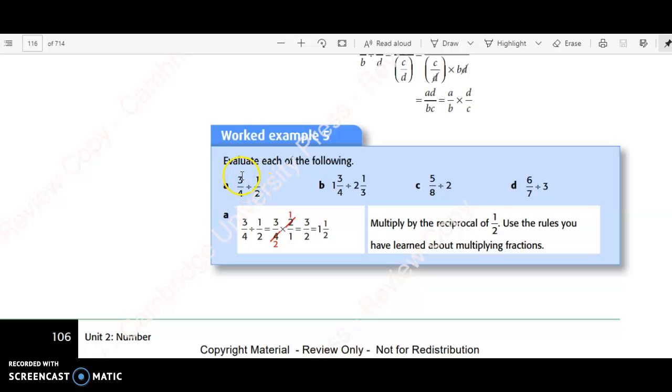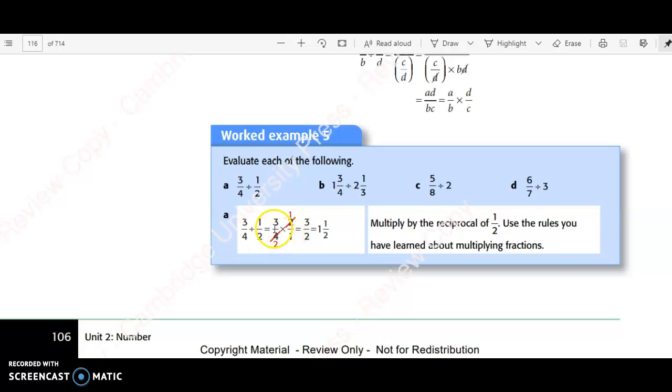Okay. Now, for example, you have 3 out of 4 divided by 1 out of 2. It means 3 out of 4 times the reciprocal of 1 out of 2. So you change the form of the last fraction. The reciprocal of 1 out of 2 is 2 out of 1.